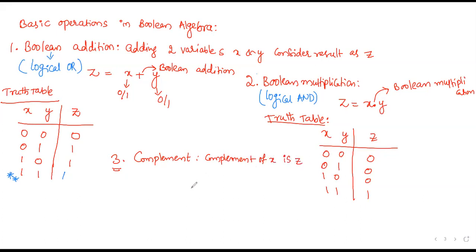You write this as z is equal to x dash, or you can write this as z is equal to x bar.